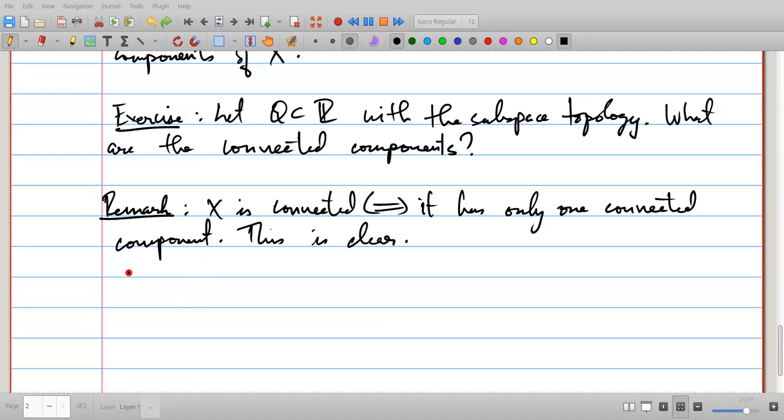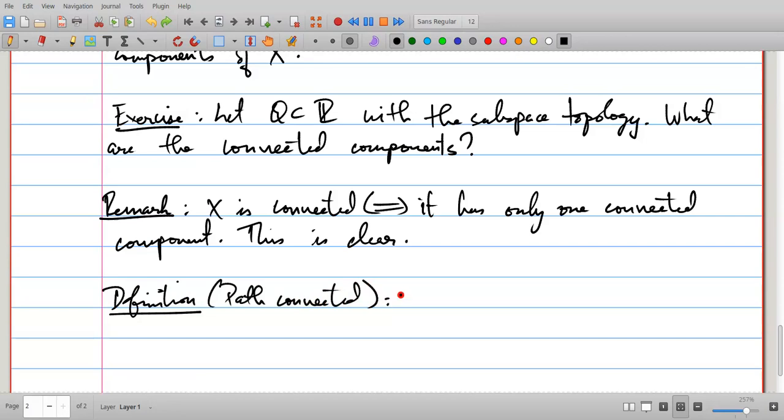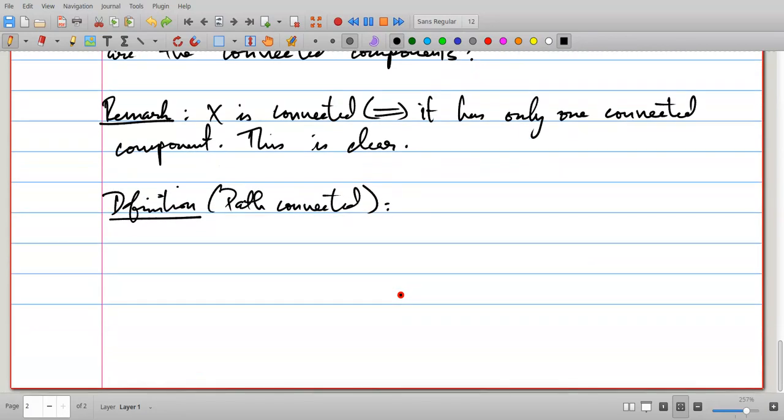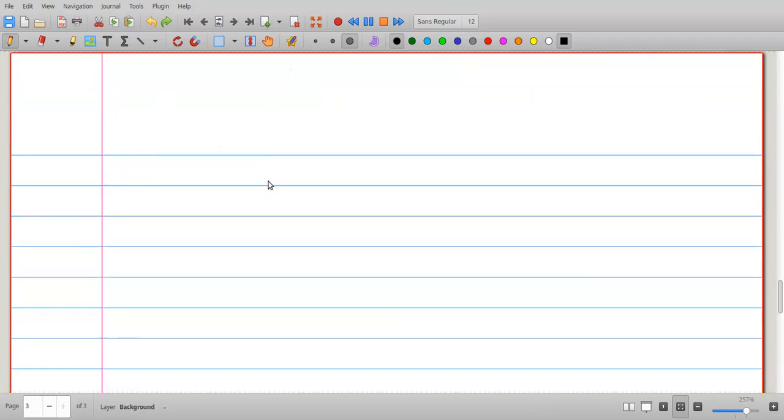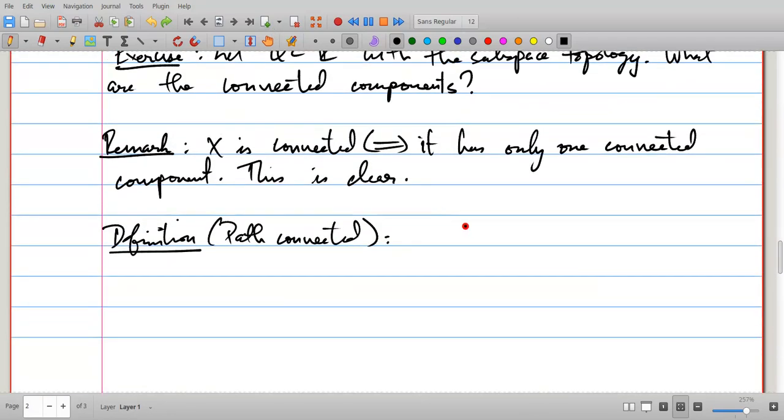So now let's define a slightly more intuitive construct. Well, we will later see that it's a stronger notion. Definition: path connected. Let X be a topological space.